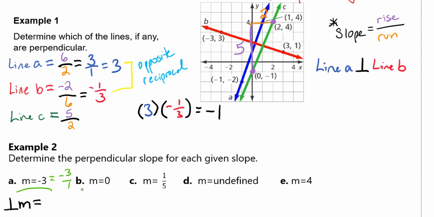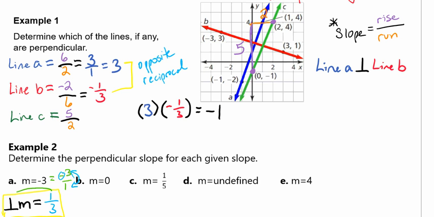To get the opposite reciprocal, the first thing we do is ask, is this positive or negative? Here it's negative, so our perpendicular slope will be positive. Then we flip-flop, so 1/3. This would be our perpendicular slope for part A.